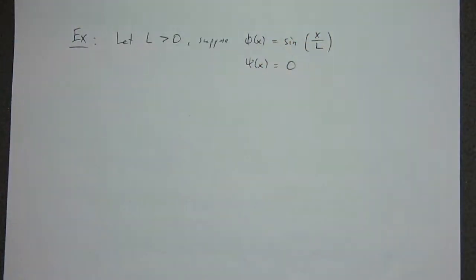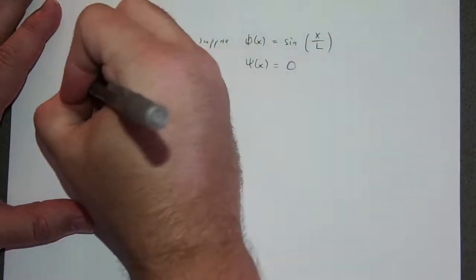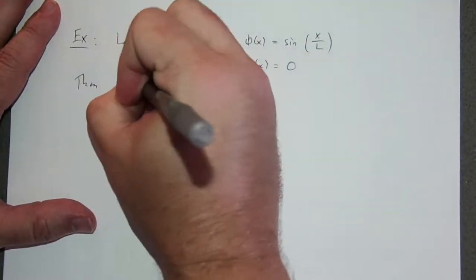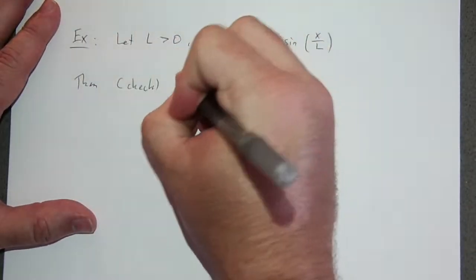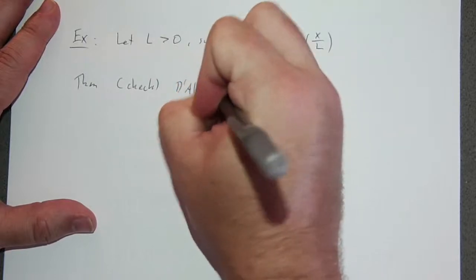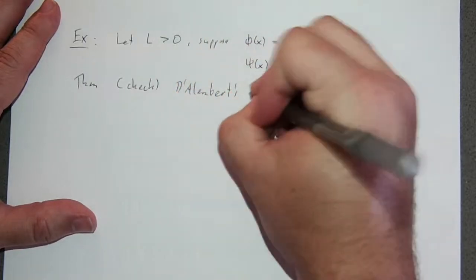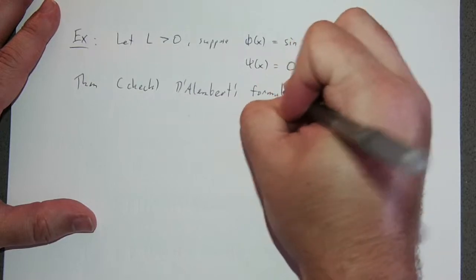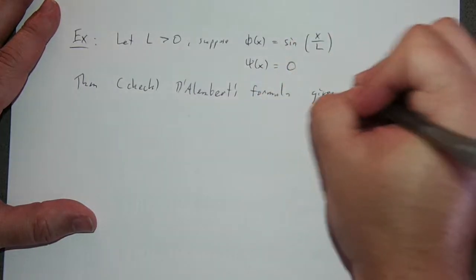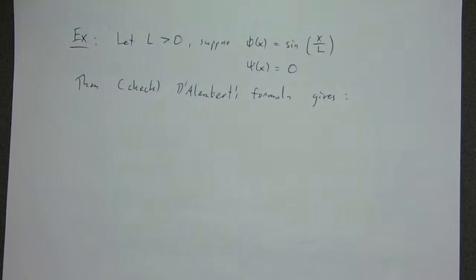Think about physically what this means. My initial velocity is 0, but my initial displacement is this sine thing. Then check that D'Alembert's formula gives a solution to the wave equation.